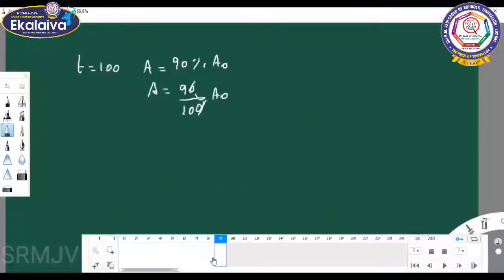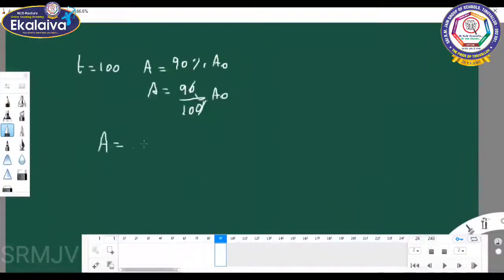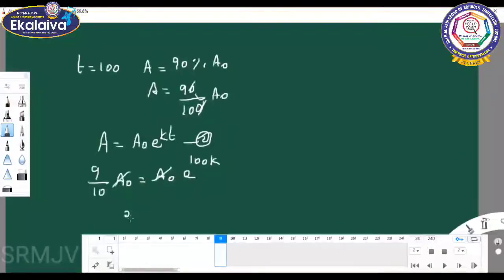You can substitute in the second equation: A equals A naught e power kt. A is 9 by 10 A naught, equals A naught into e power 100k. A naught cancels, so e power 100k equals 9 by 10.